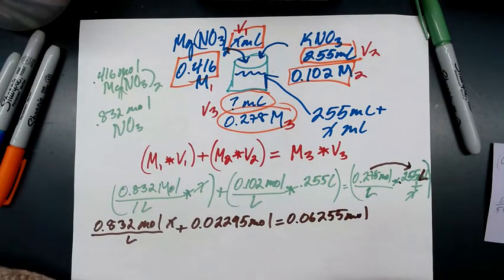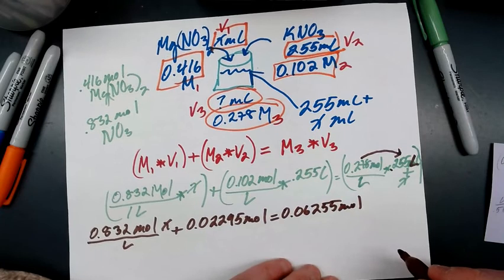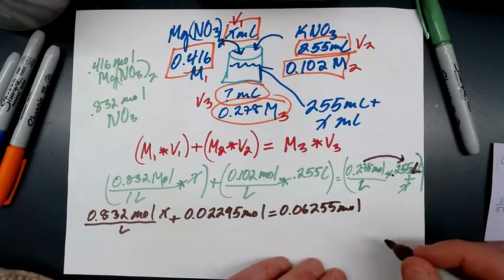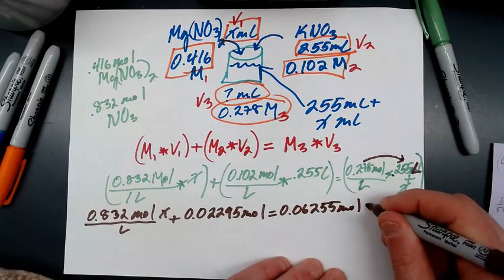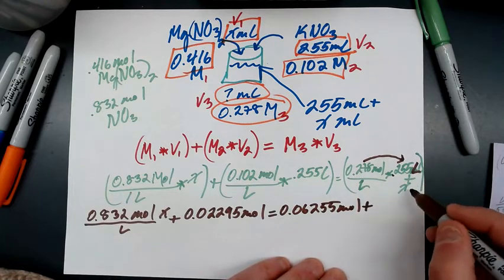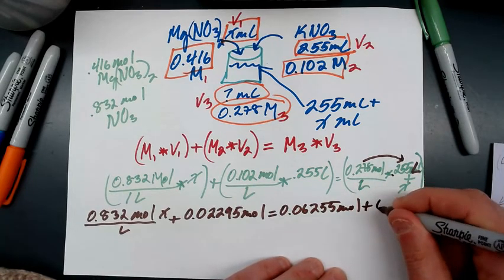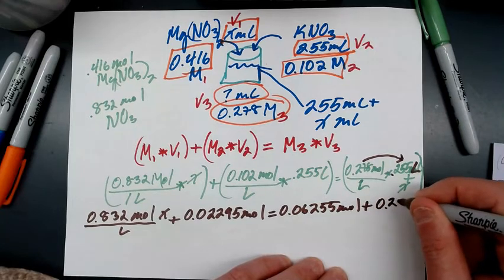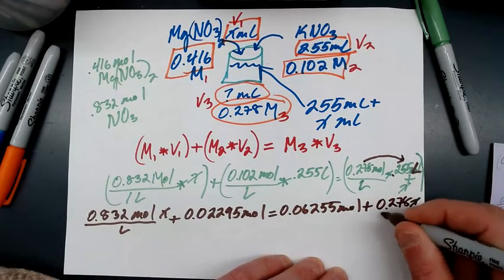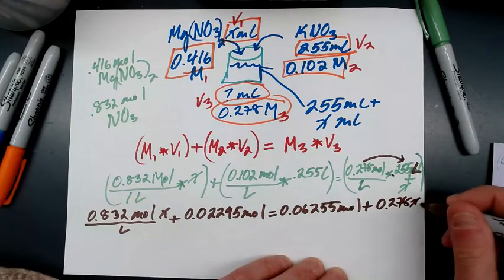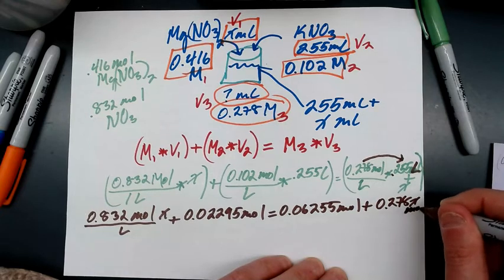And then my next one is just going to be plus. I'm going to multiply the X, so it's going to be 0.278X, and that's going to be moles. Sorry, I'm going to squeeze that in.